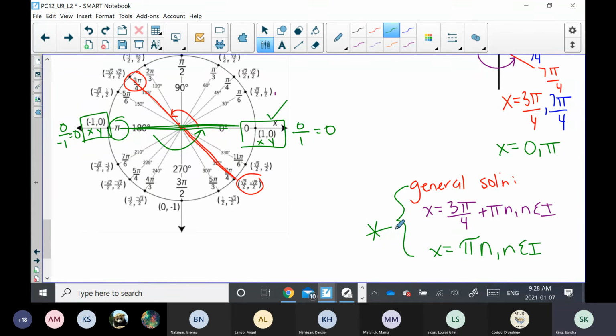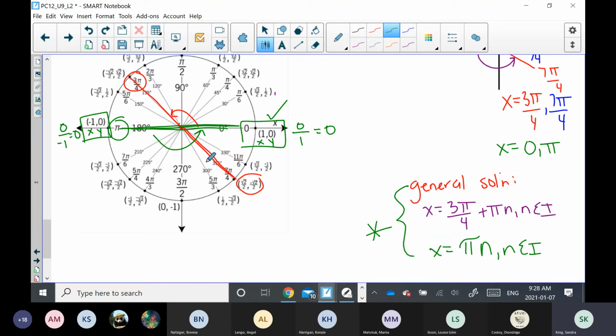Yes. Sorry, say that one more time, just because you were cutting out. Do you put them together into one line, or do they have to be separate? Because there are 2 general solutions, you could put it in one line, but technically these can't be combined, right?